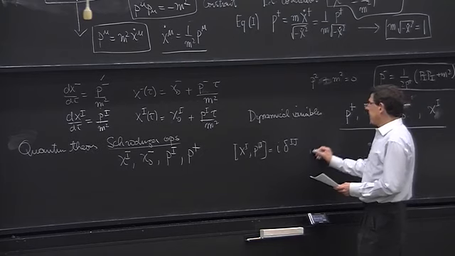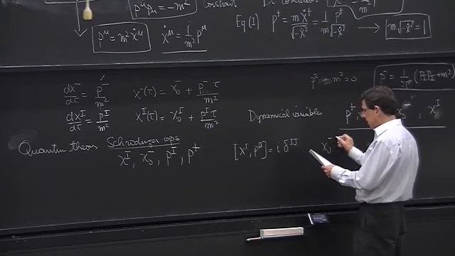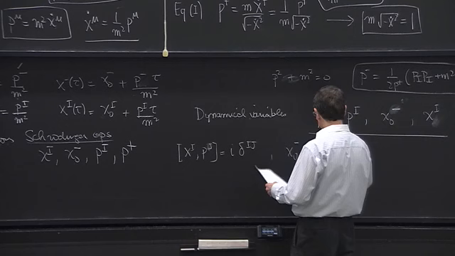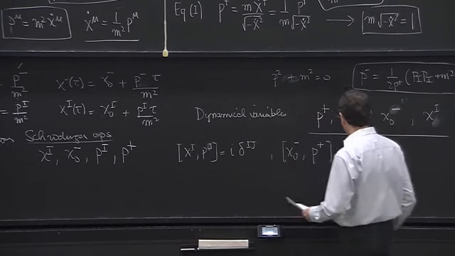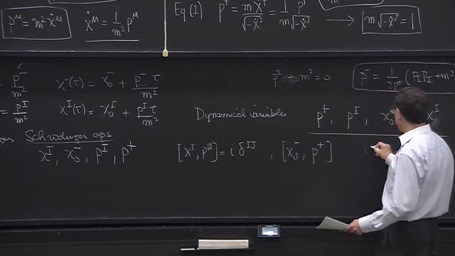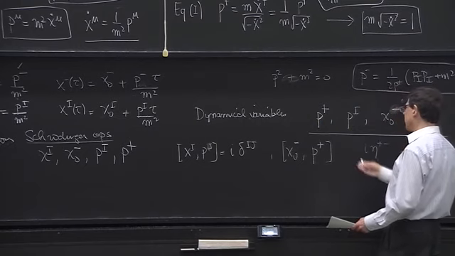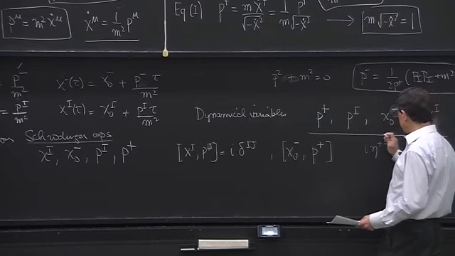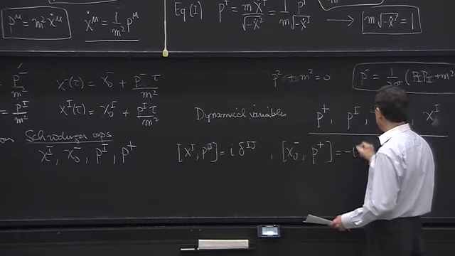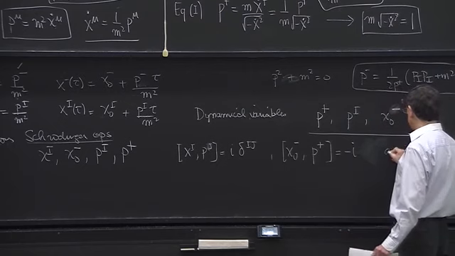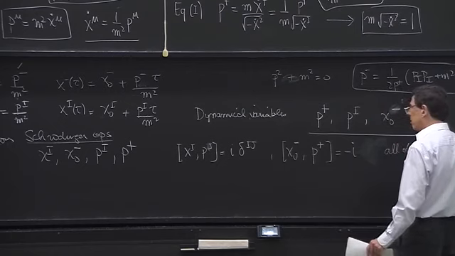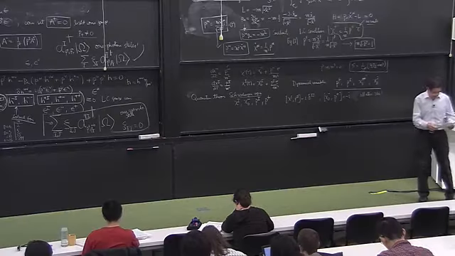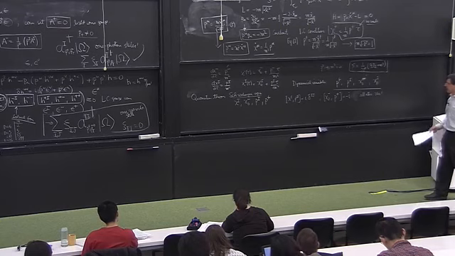And then that x0 minus with p plus would be sort of i eta plus minus. Is that right? That's naturally what you would imagine should be. So this probably should be taken to be equal to minus i, and all others 0. I'm running out of time. I'm going to use 3 more minutes and leave it there.